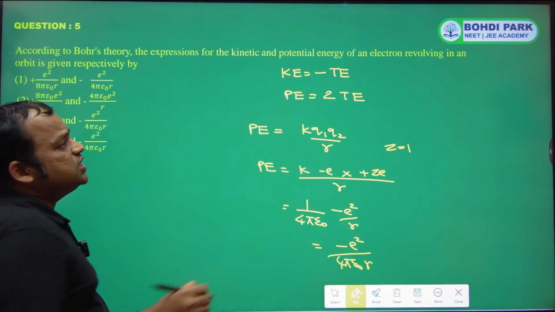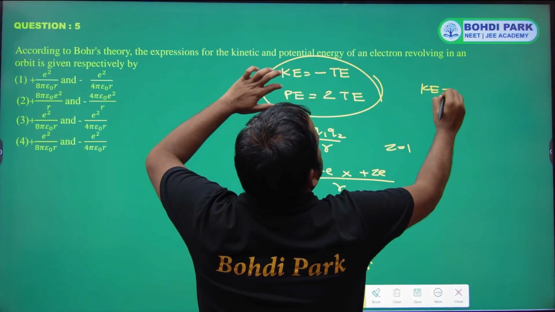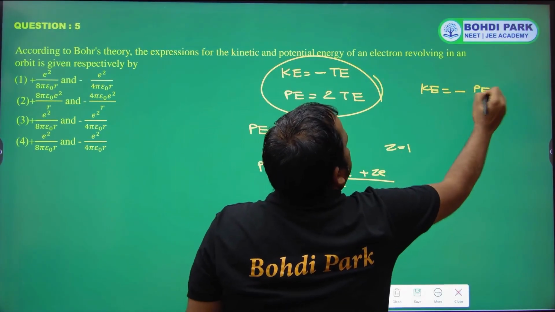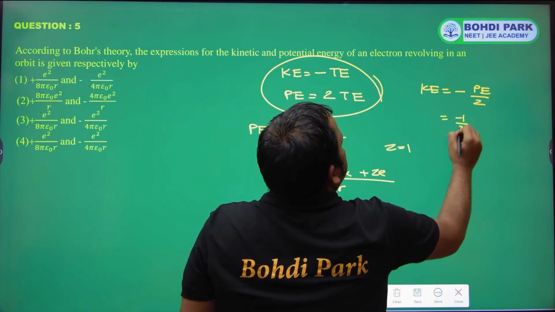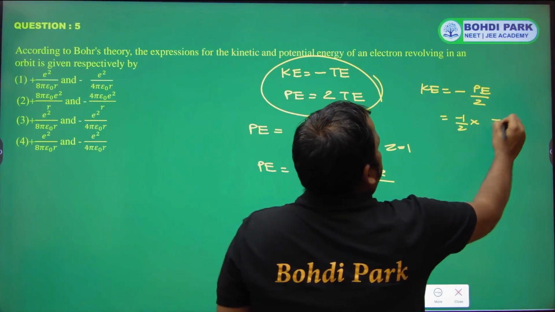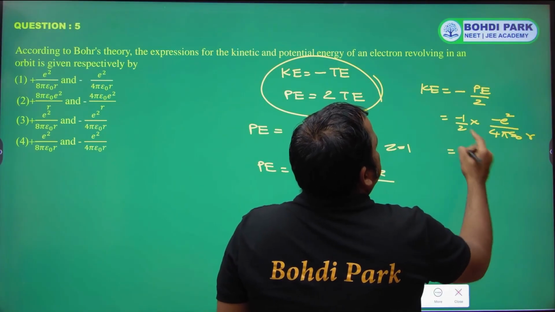This is potential energy. And if you look at this relation, we have kinetic energy is equal to minus of total energy. Total energy is PE by 2, potential energy by 2. So this will be minus 1 by 2 into potential energy, which is minus e square by 4 pi epsilon naught into r. So this is minus minus plus.